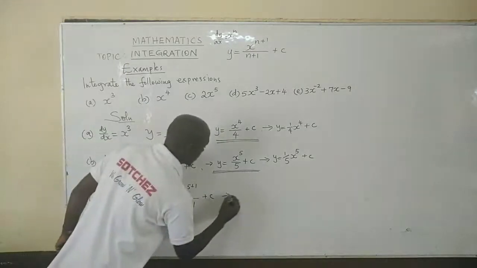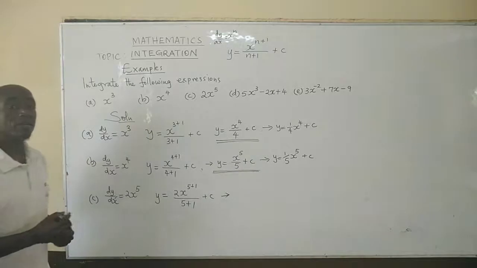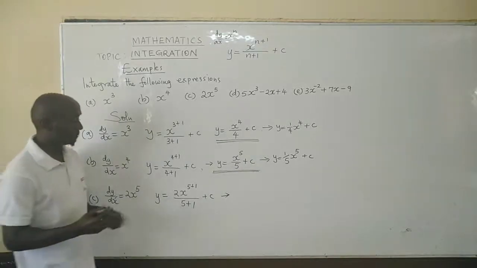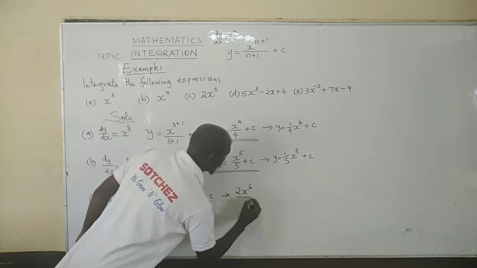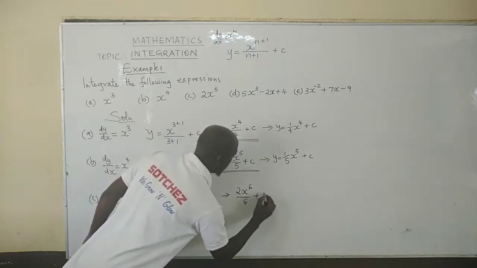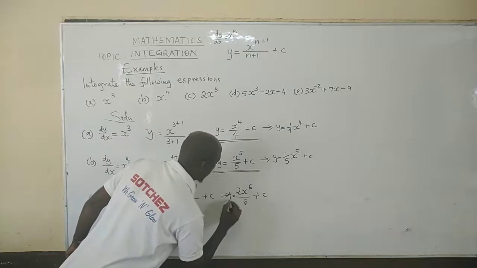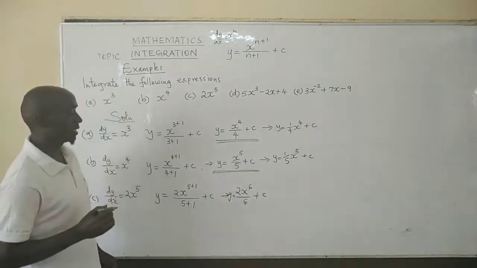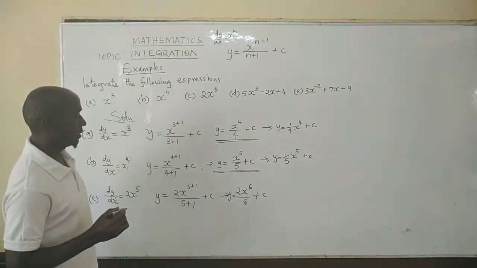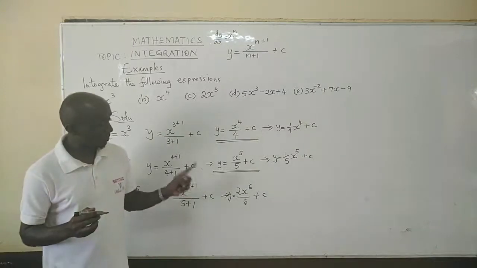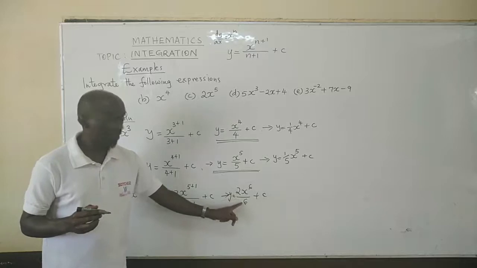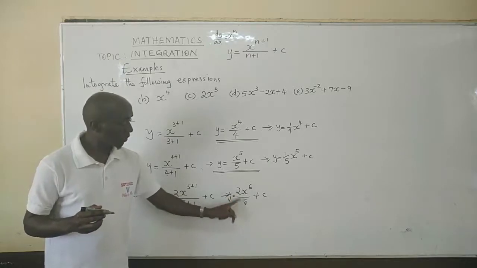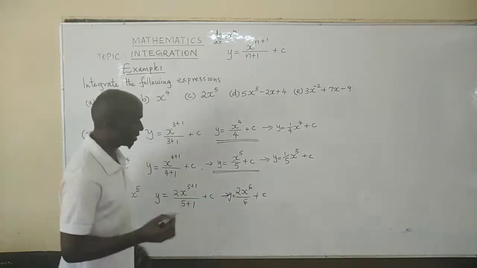And simplify that. If you simplify, my dear learner, you will get 2x power 6 over 6 plus c. Y is equal to 2x power 6 over 6 plus c. And you can simplify this further because 2 over 6 is the same as a third.